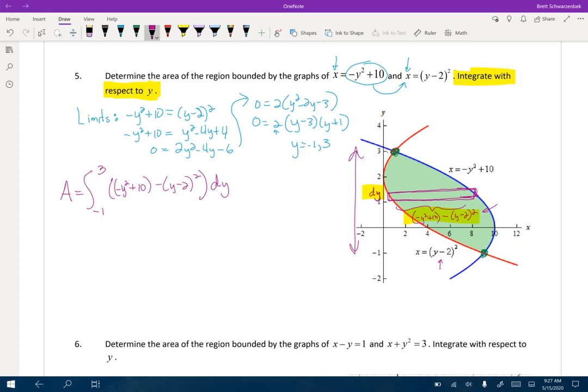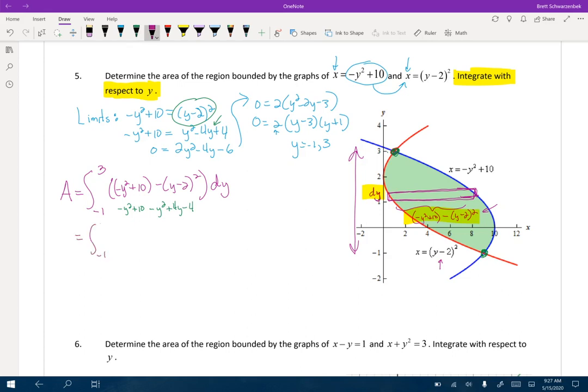All right, a little bit more algebra than typical here. So this is going to end up being negative y squared plus 10. Remember, when we square y minus 2 squared, we get this. Then we're distributing a negative and getting negative y squared plus 4y minus 4. In the next step, I'm going to collect like terms.